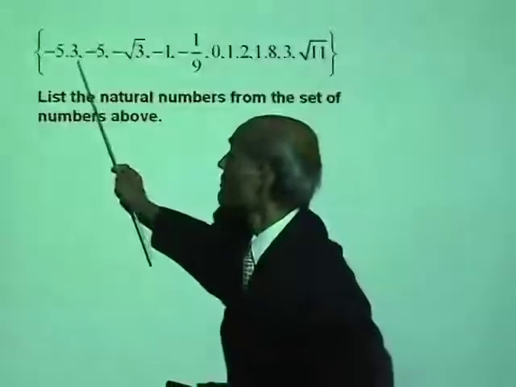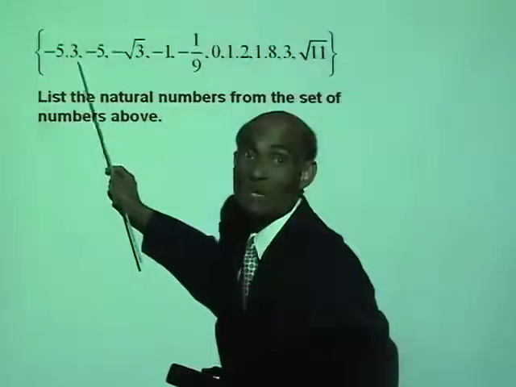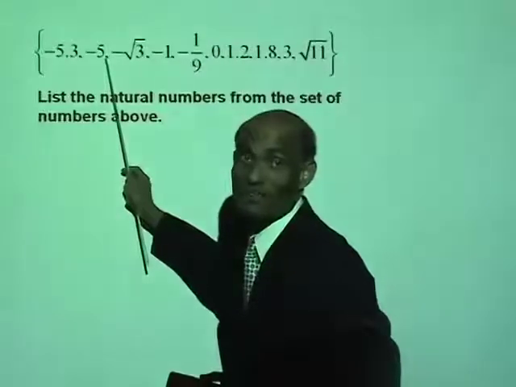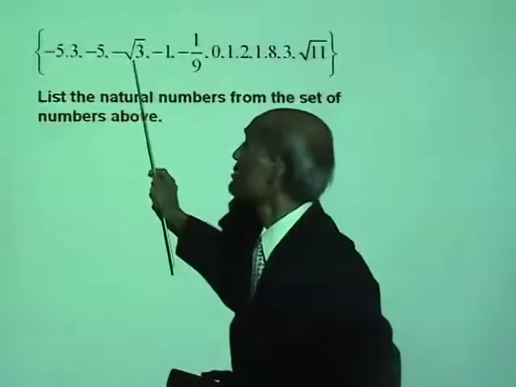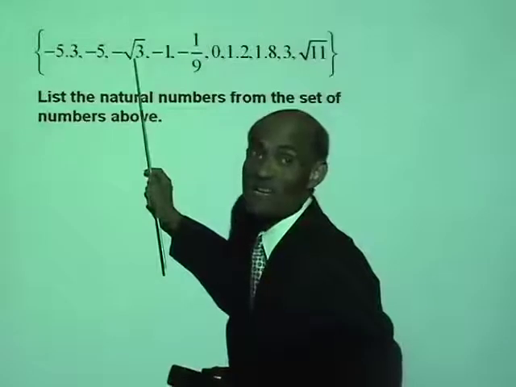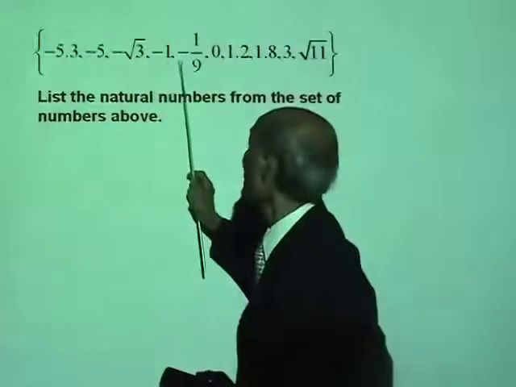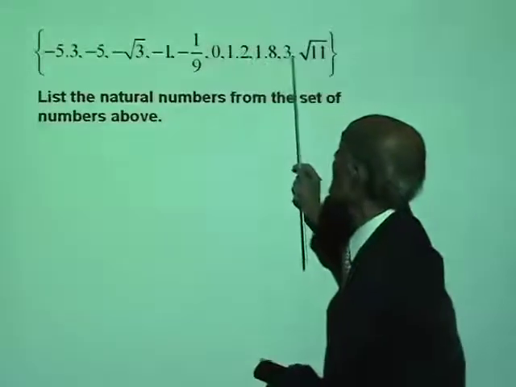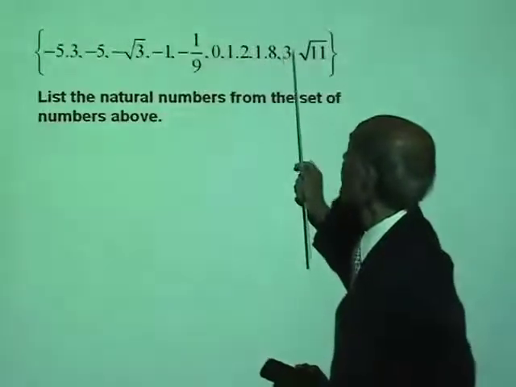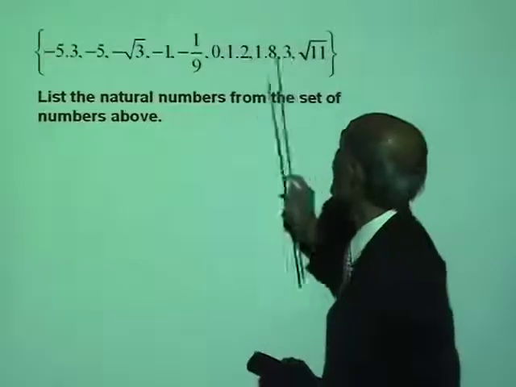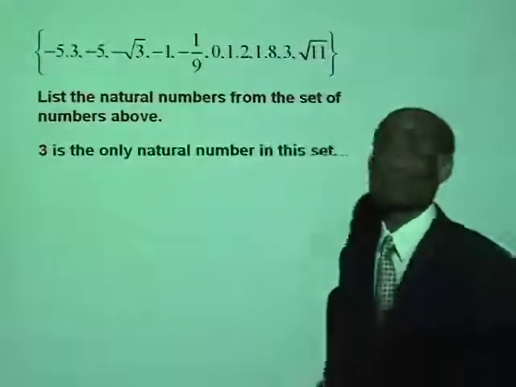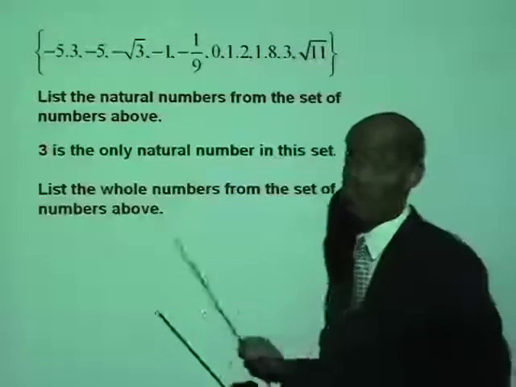So, -5.3, is that a natural number? -5, is that a natural number? No. Negative square root 3, is that a natural number? Alright? Okay. What is the natural number here? There is only one natural number here. That is 3. 3 is the only natural number in this set. Okay?